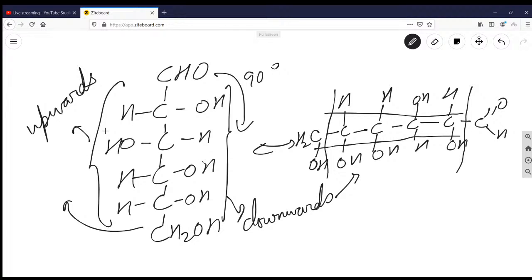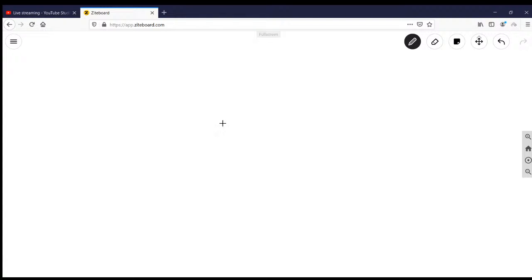Now after this, we will rotate. Again I'll draw this to avoid confusion.